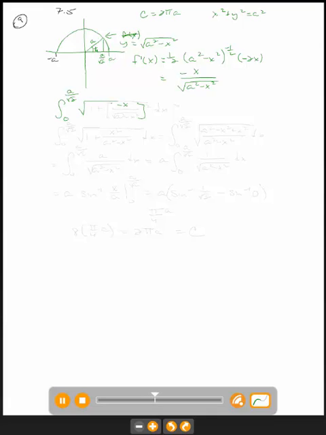The arc length formula is the square root of 1 plus the derivative squared. So I'm squaring negative x over the square root of a squared minus x squared, which turns into the square root of 1 plus x squared over a squared minus x squared.